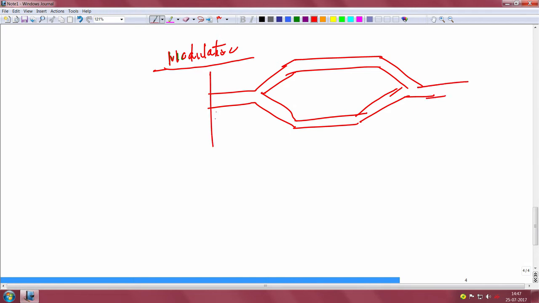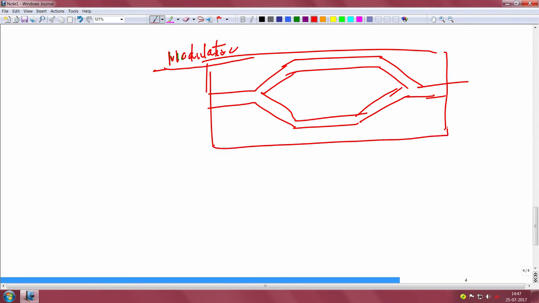This, as you know, is a standard Mach-Zehnder interferometer where you can put electrodes, and maybe let me put another ground electrode also very close by. So, this is a gap between them, and the phase of this can be shifted by applying the electric field.